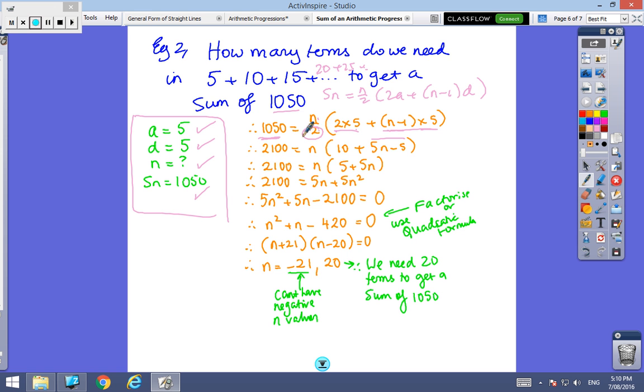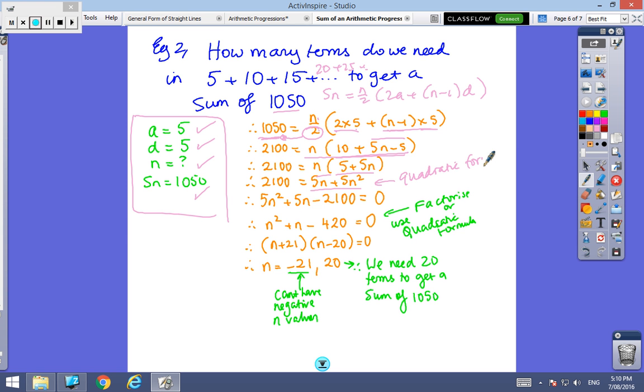Now, to get rid of the 2, I've doubled the other side, so 2,100 is double 1,050. Then I simplify the bracket and expand it out, and I get this value. And you should recognise that as the start of a quadratic.